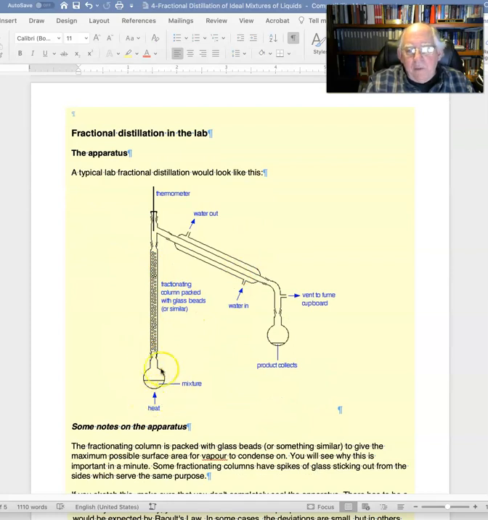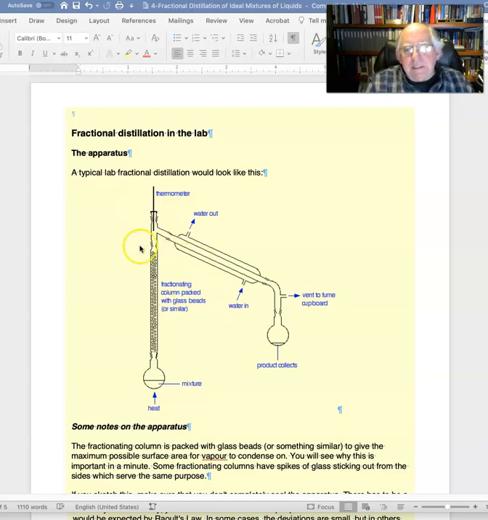Now again, how does it work in the lab? You have the mixture that was originally boiled, and then you have these packed beads, and the temperature decreases as it goes up, so these beads form surfaces at lower and lower temperature for condensation to occur and additional boiling to occur.